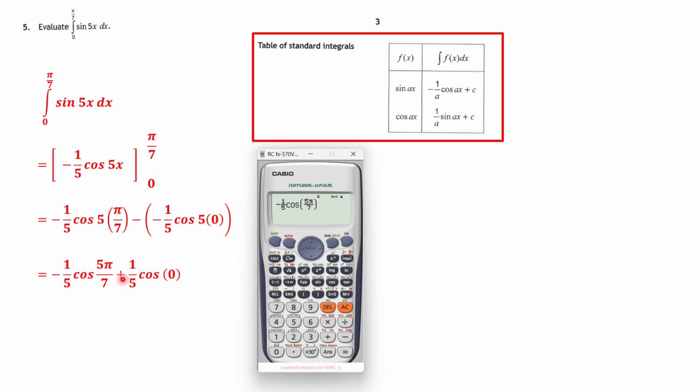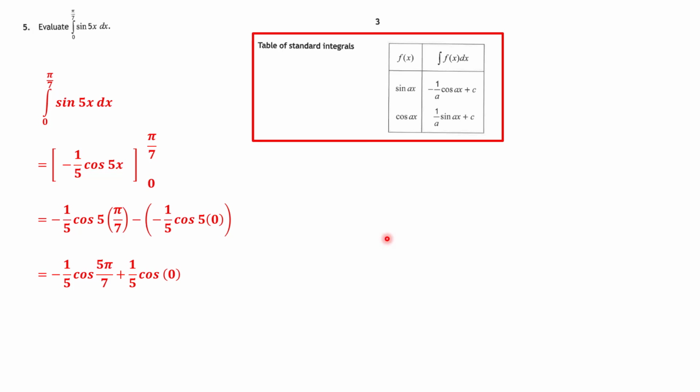Now, as I said, you don't need to do that all, we just say plus 1 over 5 because we know that cosine of 0 is 1. The answer for this will be 0.3246 and so on. So let's round it off. We're going to say the answer is equal to 0.325 to 3 decimal places, and that's worth 3 marks.